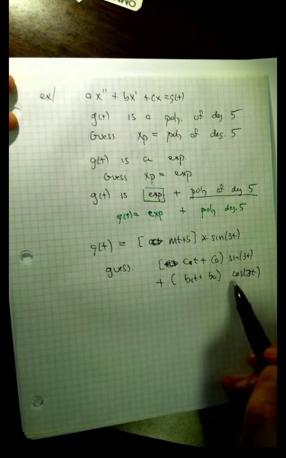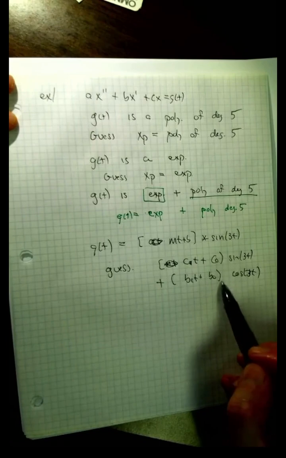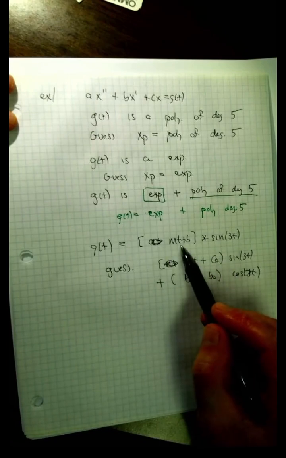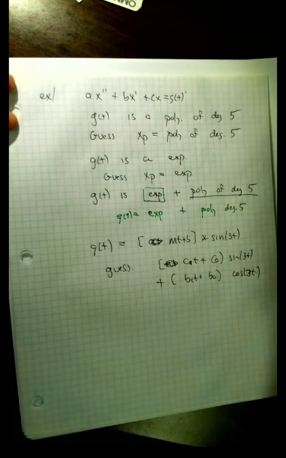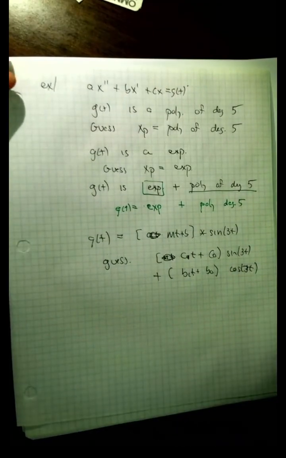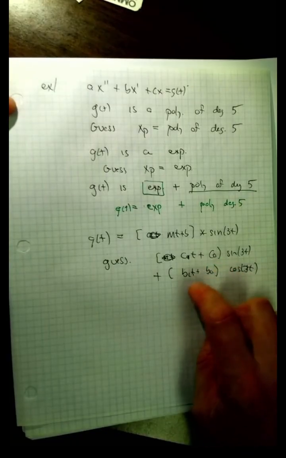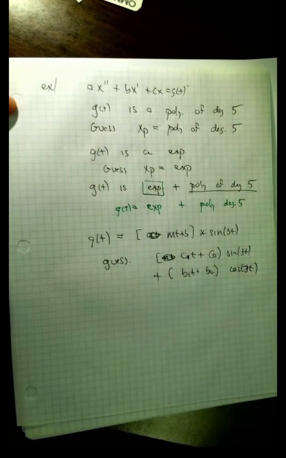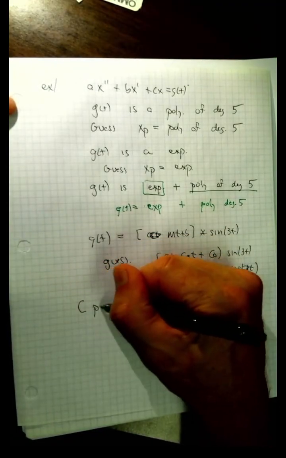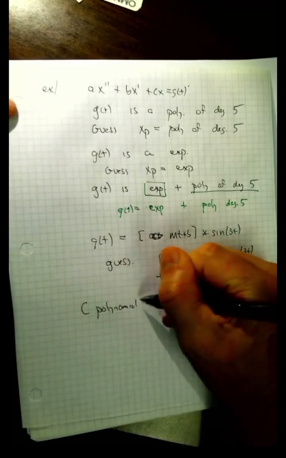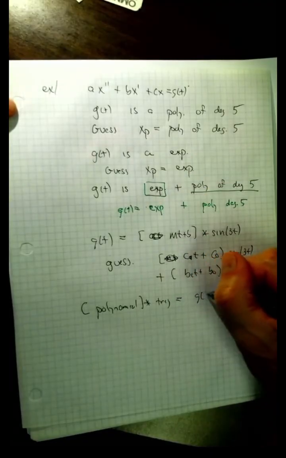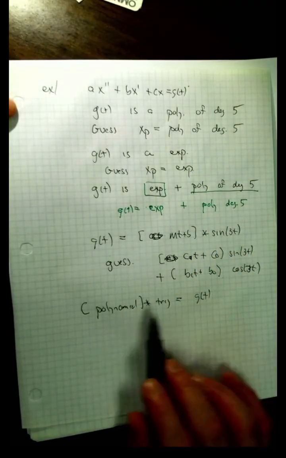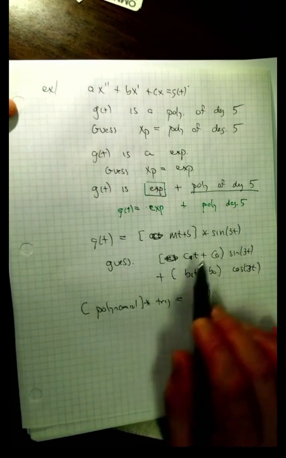And the reason why you want to guess something like this is because when you start taking derivatives of these things, you're going to get a linear function times sines and linear functions times cosines. And when you plug them back into the equation up there, you've got to see what that implies about c0, c1, b0, b1 in terms of making things disappear. And again, you're going to end up with some polynomial times trig is going to equal your g of t. And the only way this can happen is if the coefficients on these functions are the same.